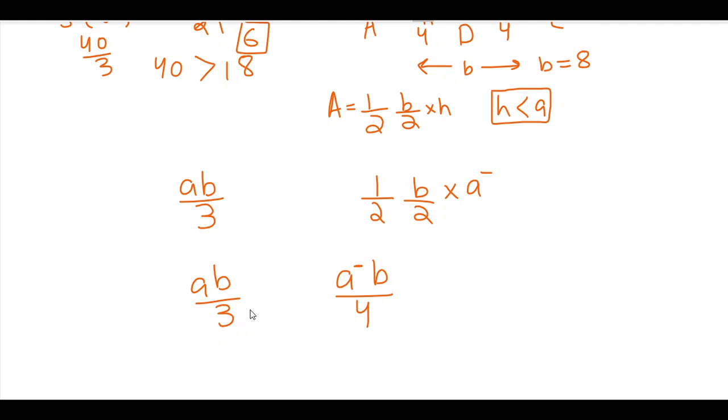Obviously, if you are subtracting 3 from this value, it's going to be a lot bigger, and if you're subtracting 4 from this value, it's going to be smaller. And already it's smaller. You can even cross multiply if you like: 4 times AB, and this is going to be 3 times a value smaller than B. You can cancel the B if you like.